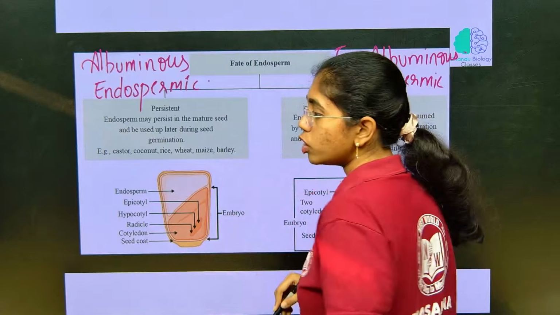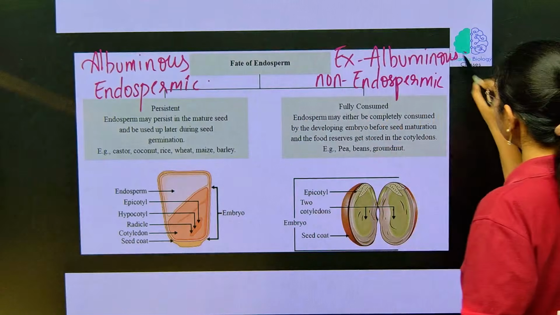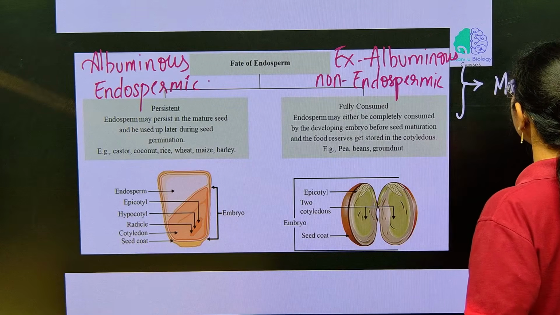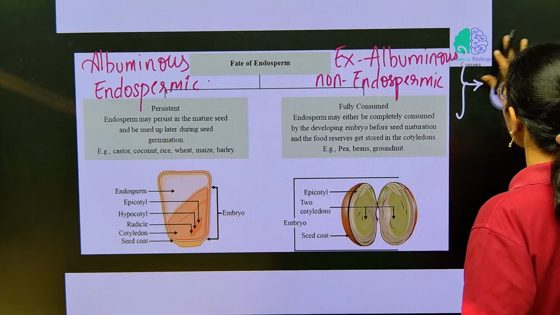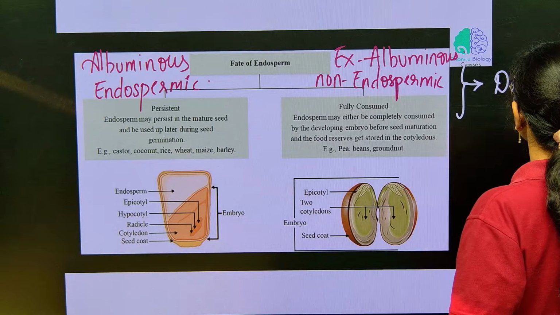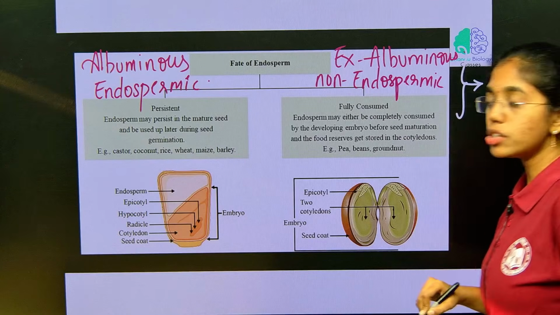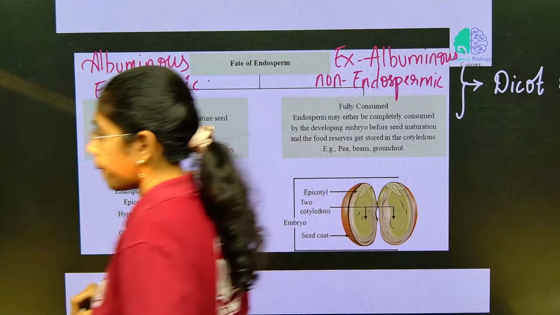Mostly non-endospermic or exalbuminous seeds will be of monocots. Mostly dicot seeds will be exalbuminous or non-endospermic.